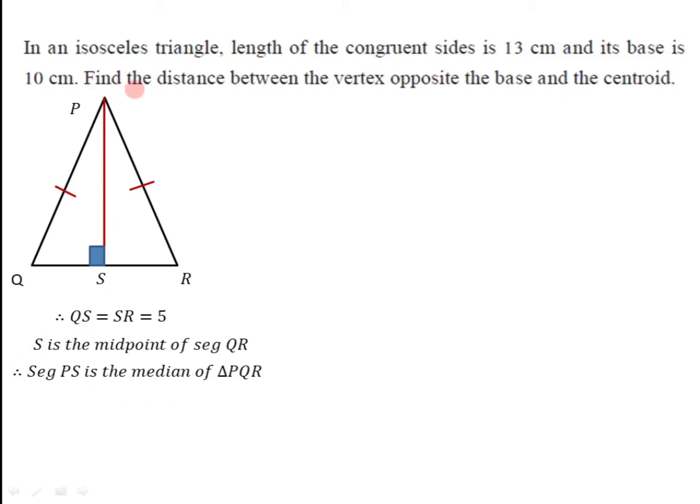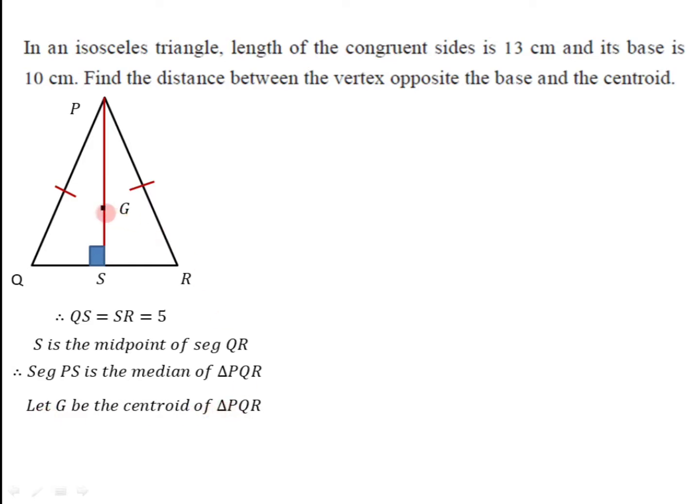Now we have to find the distance between the vertex opposite to the base and the centroid. We know that for any triangle, centroid is the point of intersection of three medians. As PS is a median, on segment PS there must be a point G, which must be the centroid of triangle PQR.